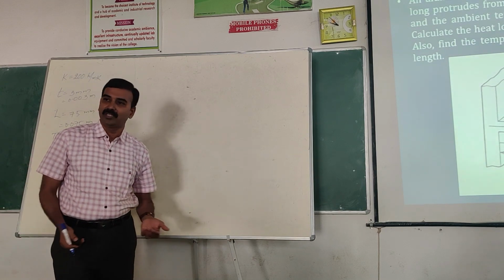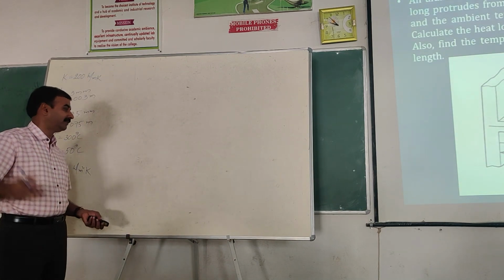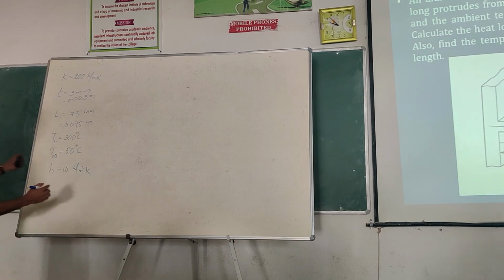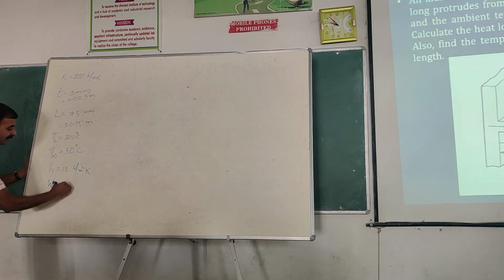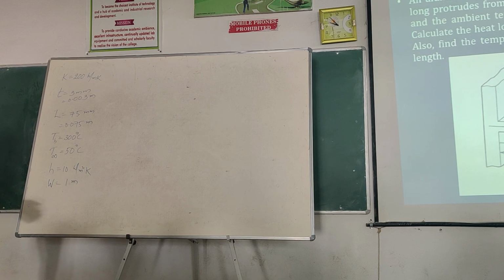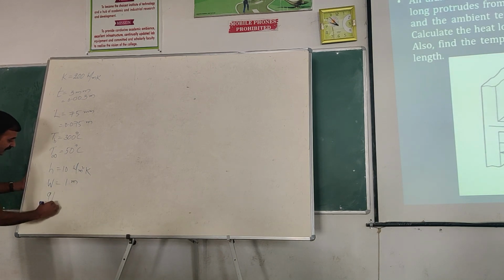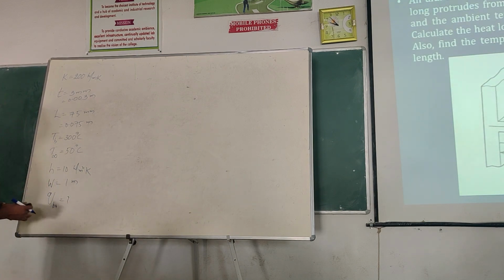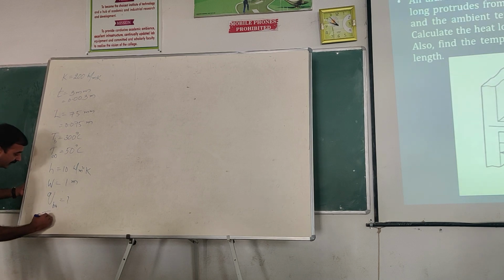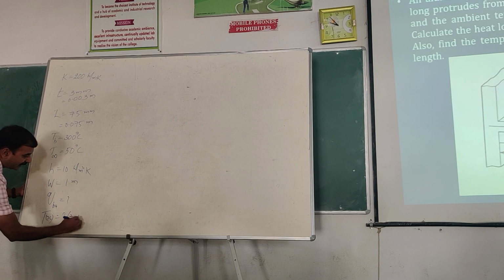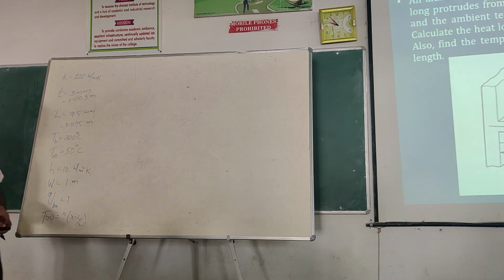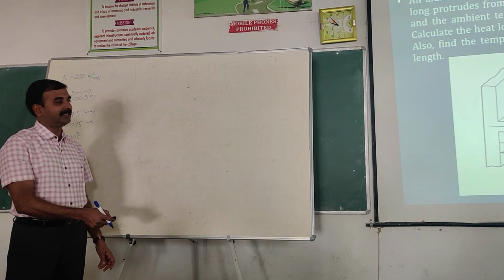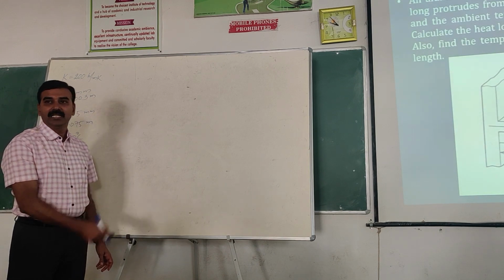That's all what you learn in your engineering graphics and basic drawing as well. So now W is unit, means 1 meter. So you need to find the heat transfer rate from this fin, and the second point, temperature at the middle of the fin along its length. Temperature at x, where x is L by 2. Middle, right? Now total length of the fin is L, middle point is L by 2.